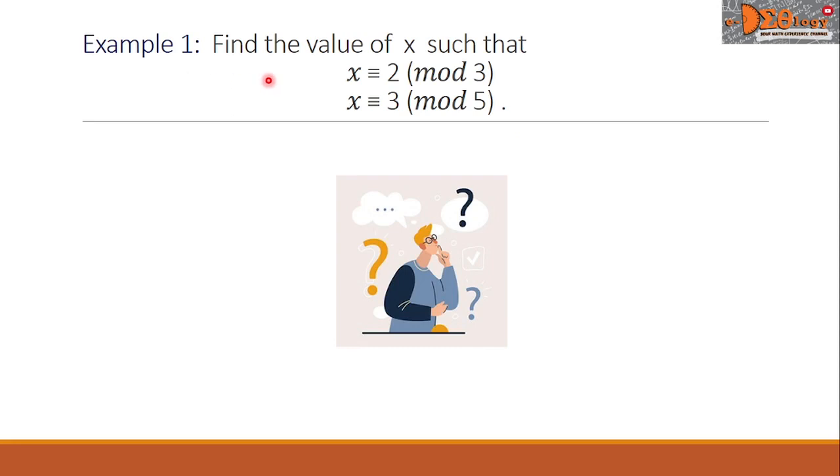Example 1. Find the value of x such that x is congruent to 2 mod 3 and x is congruent to 3 mod 5. In this example, we're going to use trial and error method.